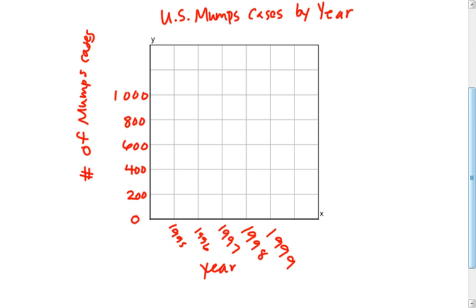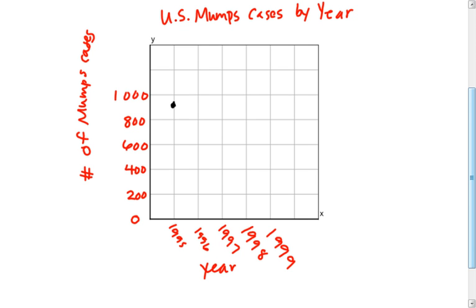So now I am going to plot the point 1995 and 906. So 1995, I'll go along the x-axis. 906 will be up right about here.